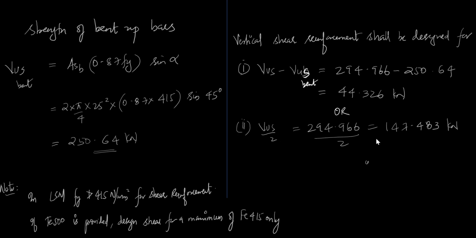That is, we will consider only 147.483 as taken by the bend. The remaining 147.483 has to be taken by the shear reinforcement, that is your vertical bars.